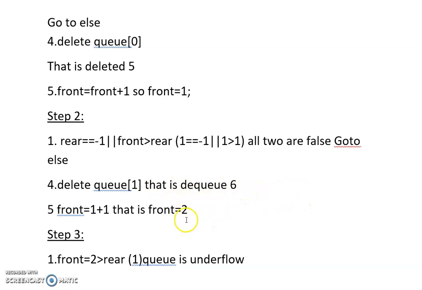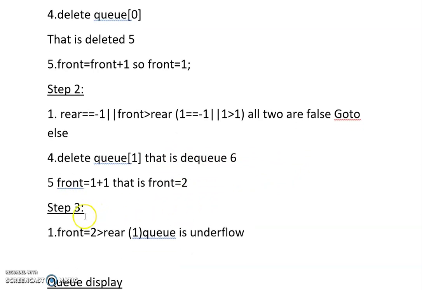After that front value is incremented to 2. Front equal to 2. That means 2 greater than 1. So Q is in underflow. That means Q is empty. No more elements present here to delete.